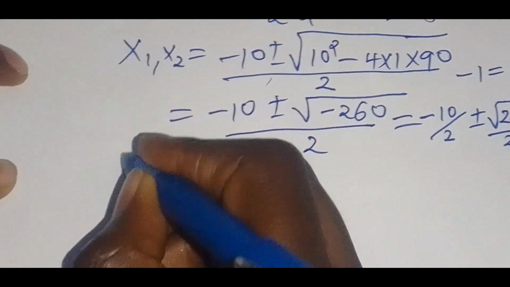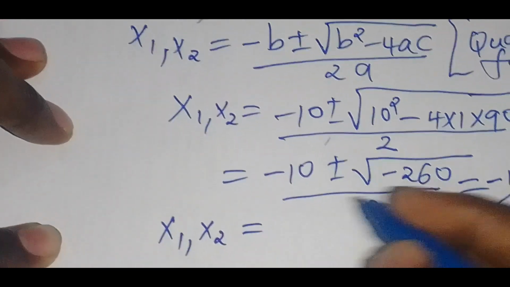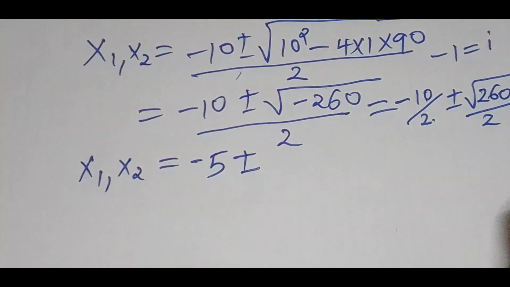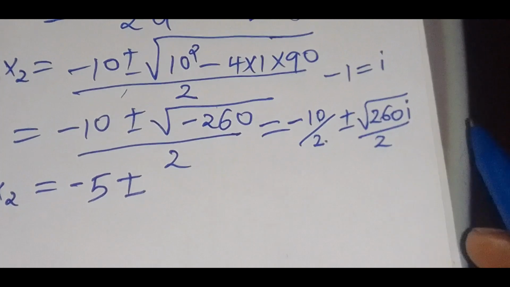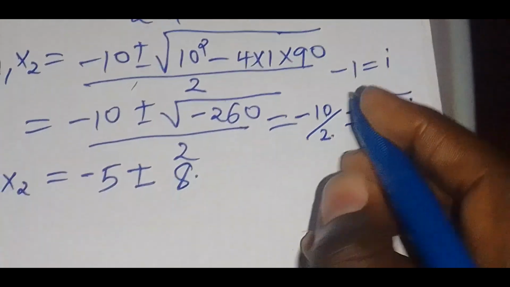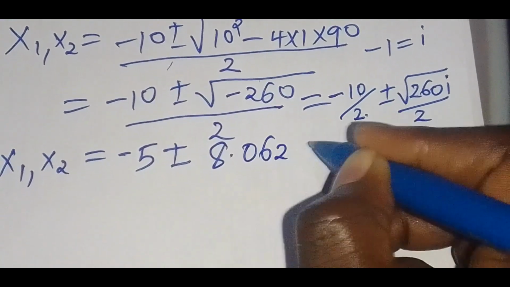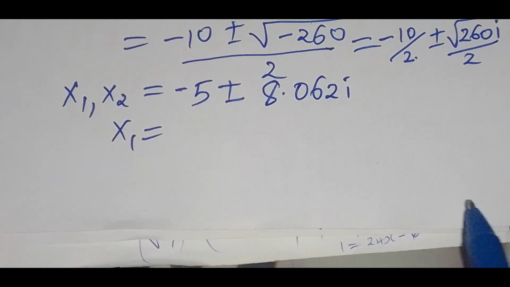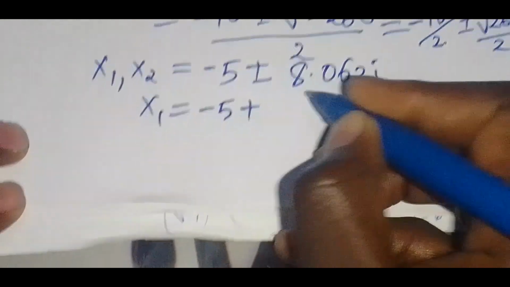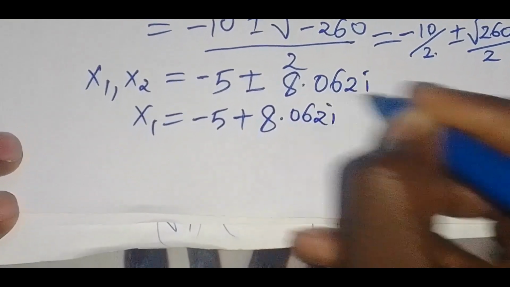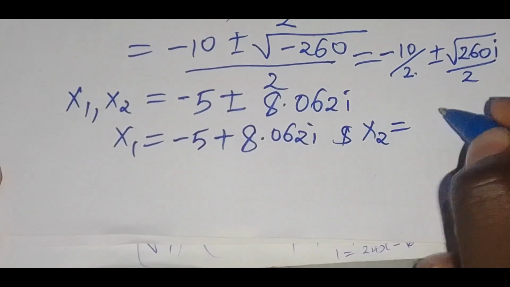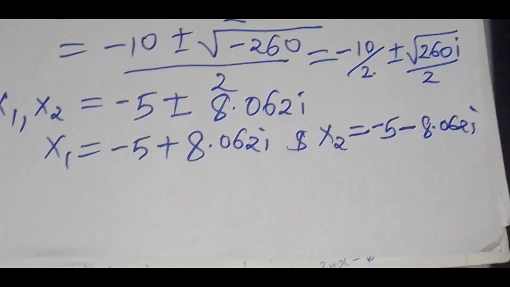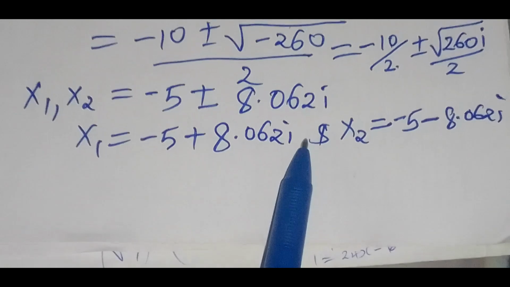This means x1, x2 is equal to negative 10 divided by 2, which is minus 5, plus or minus 8.062i. So x1 is minus 5 plus 8.062i, and x2 is minus 5 minus 8.062i. These are the two imaginary roots that we have.